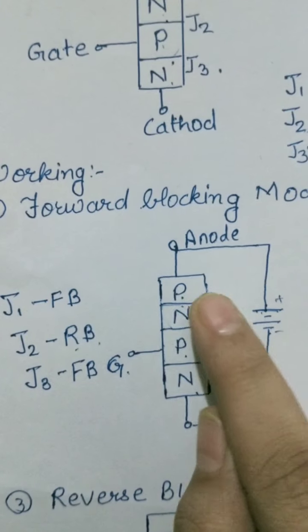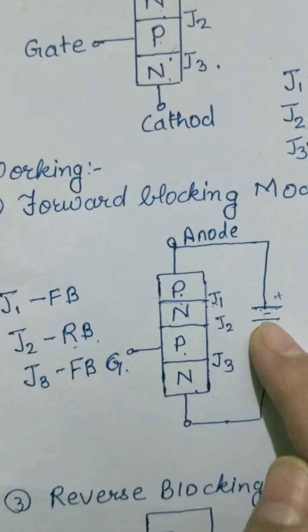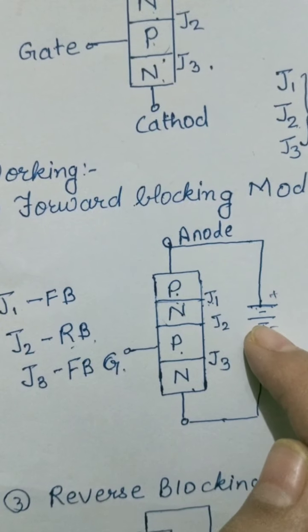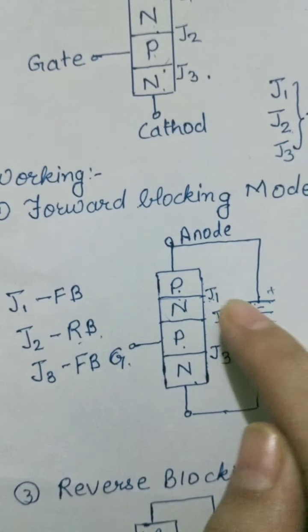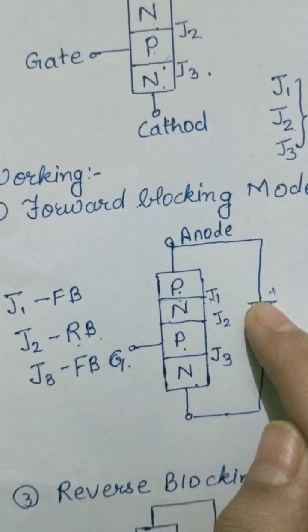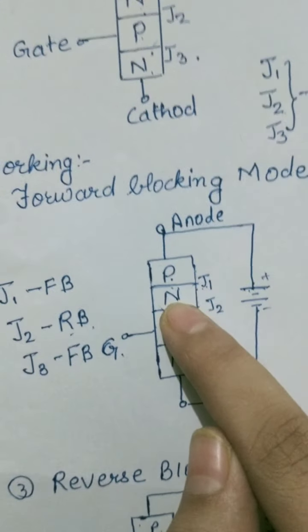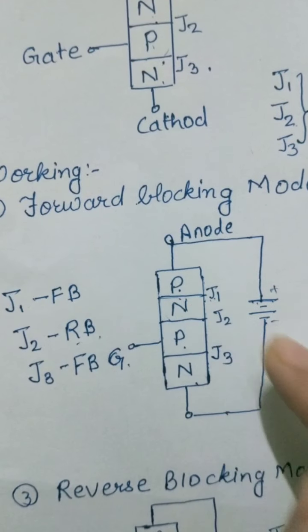Because the P region is connected to the positive terminal, while the N region is connected to the negative terminal. And as we know, in a diode, when the P terminal is connected to the positive terminal and the N region to the negative terminal, then the diode is in forward bias.